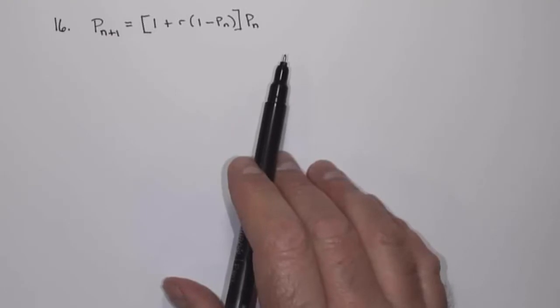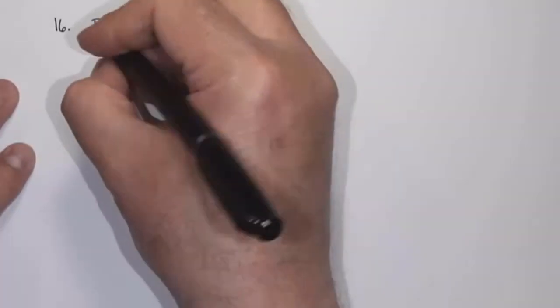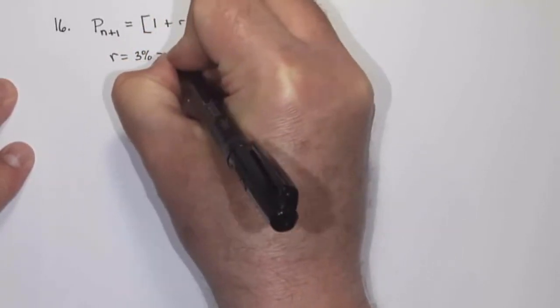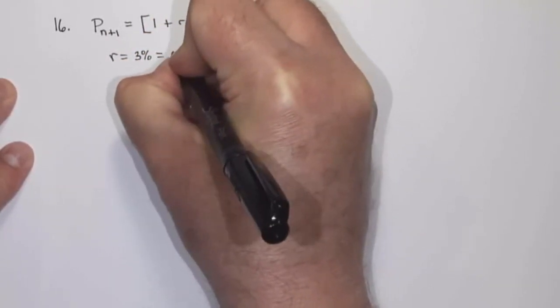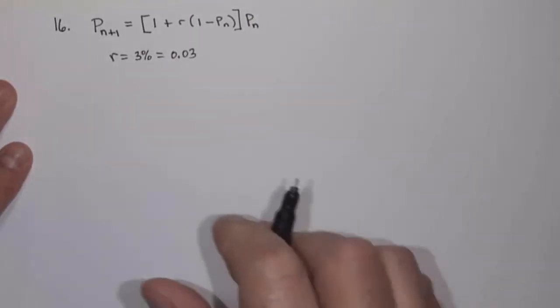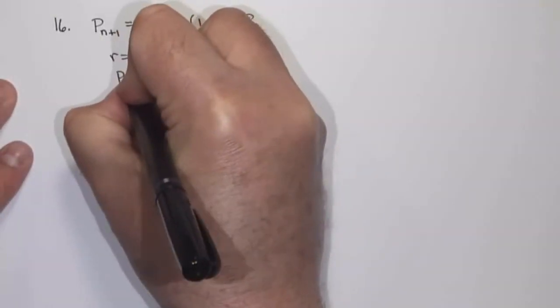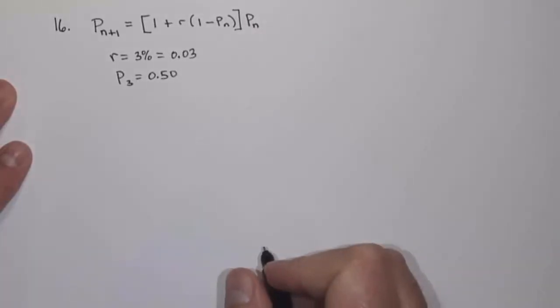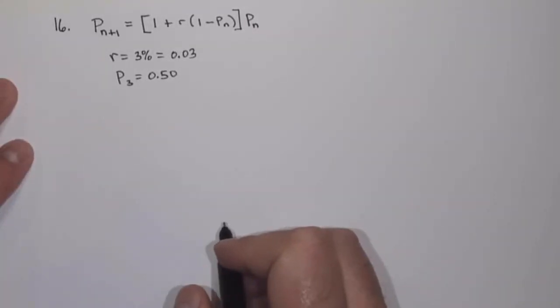Now in problem number 16, we're told that our initial growth rate is equal to 3%, which would be 0.03. Okay? We're also told that P of 3 is equal to 0.50, and we're supposed to find P of 4.